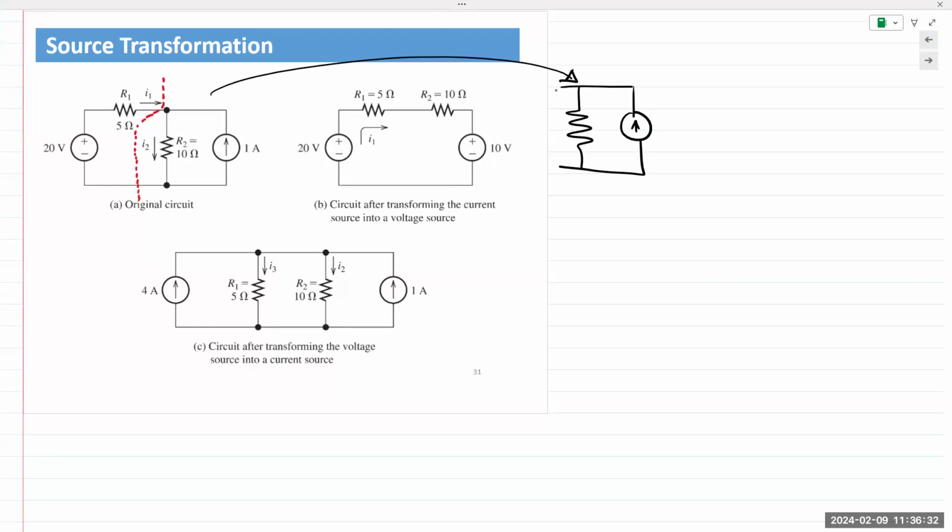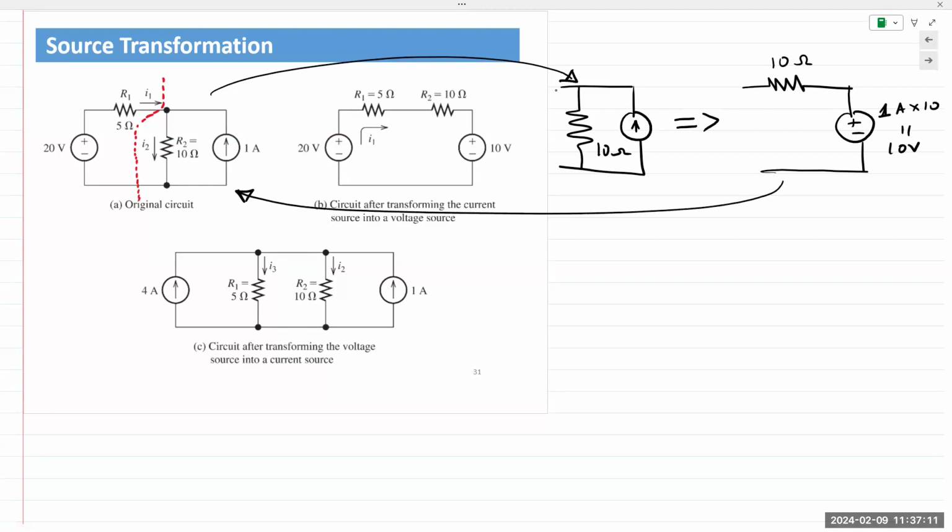The first condition is that it should have a resistor in parallel with it. So I break away the circuit from a certain point. I transform it into a voltage source. And the voltage source should have a resistor in series, which is the same resistance as the 10 ohm. And the voltage is given by Ohm's law. So it's 1 amp times 10 ohms, which gives me 10 volts. And then I plug it back into the circuit.